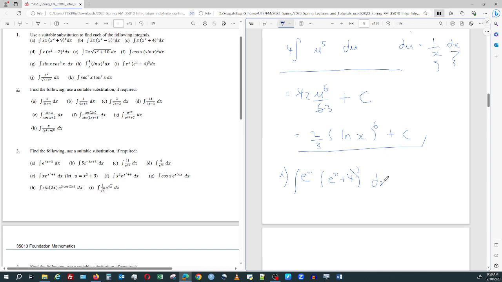Okay, so if we let the internals of the bracket e to the x plus 4 equal u, then du dx will be equal to, the 4 is a constant, so the 4 goes, and we're e to u, that's the one we love, it's so cool, e to the u, e to the x.